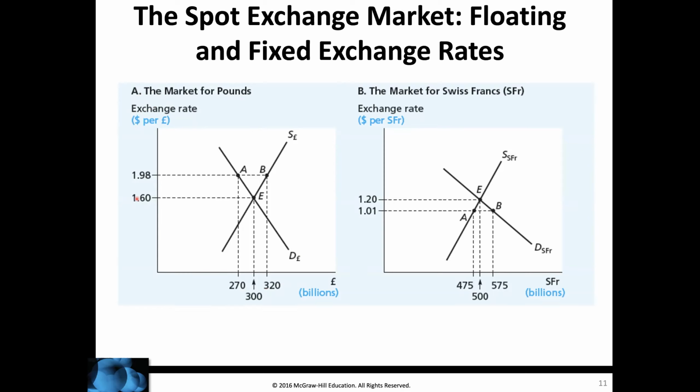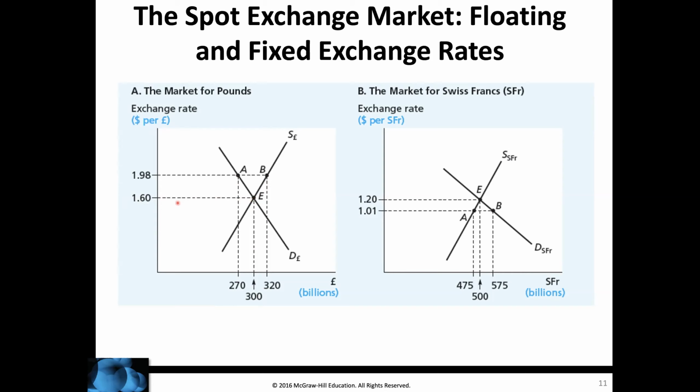And you can see here the equilibrium exchange rate is $1.60 per pound. And that shows us where the equilibrium of supply versus demand is at point E. So we'll see about 300 billion British pounds exchange hands at this point, $1.60.